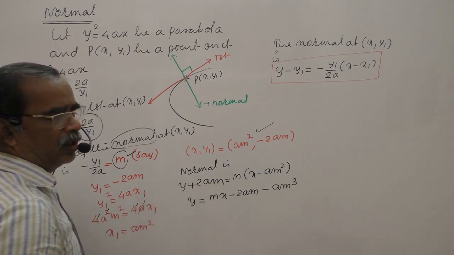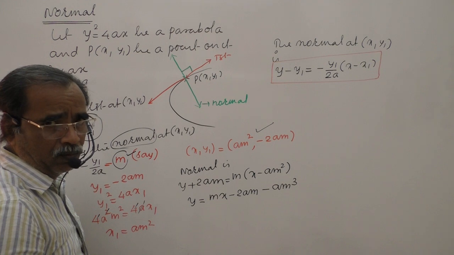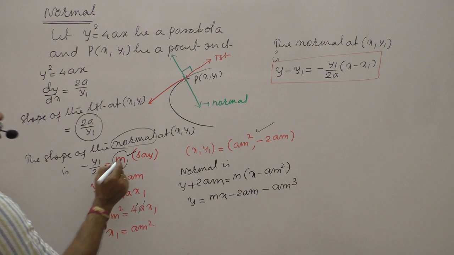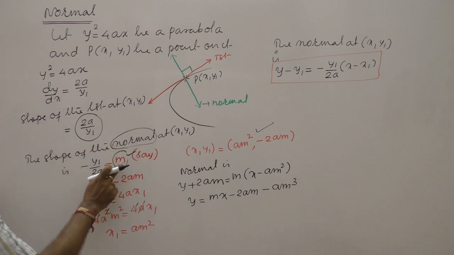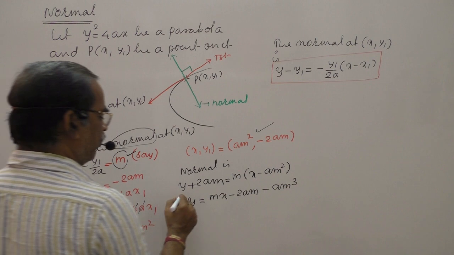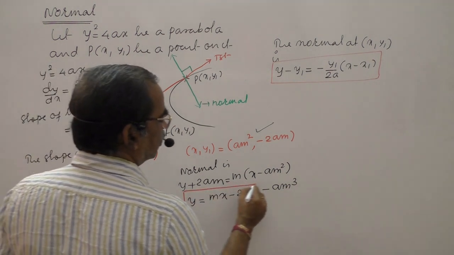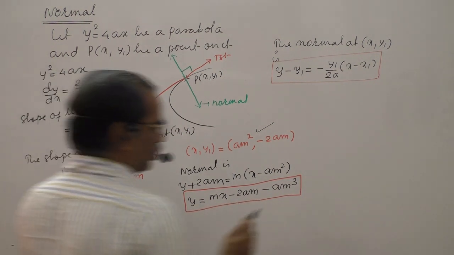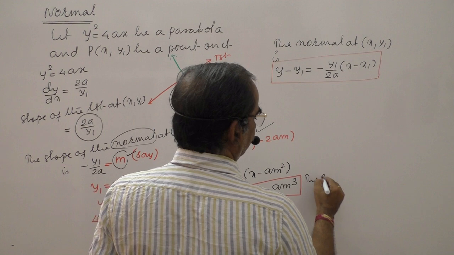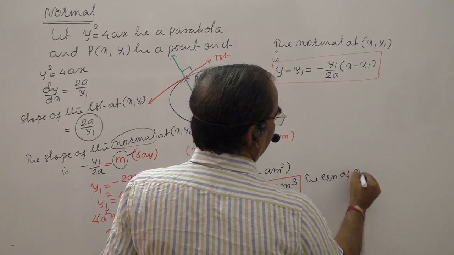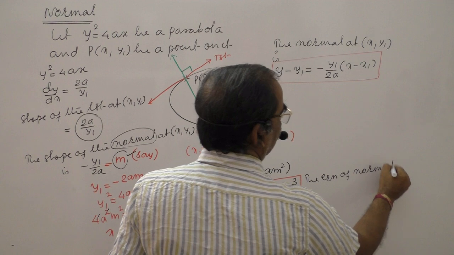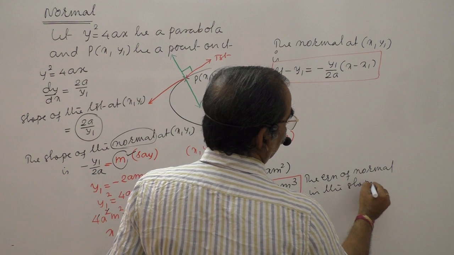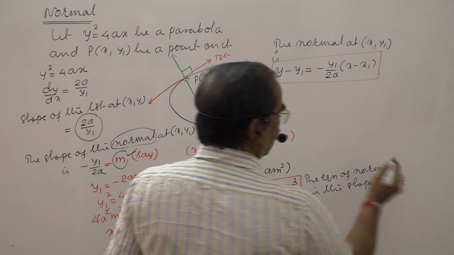See this equation: it is in terms of only m, where m is the slope of the normal. So this equation can be taken as the equation of a normal in the slope form. This is known as the equation of the normal in the slope form.